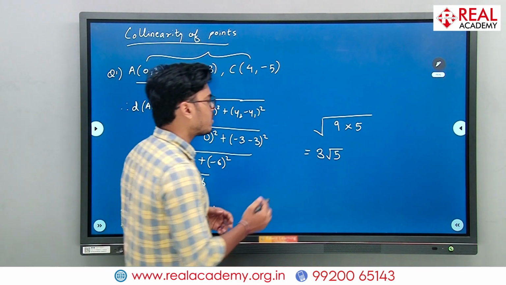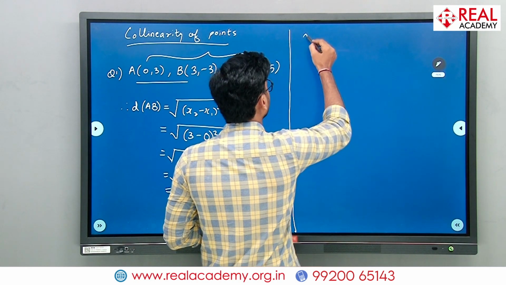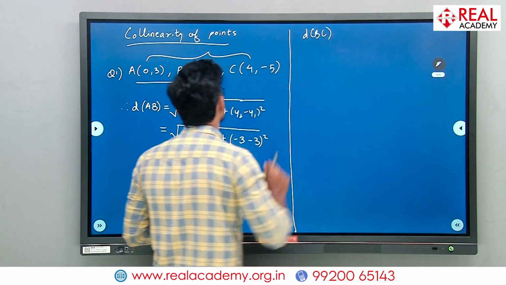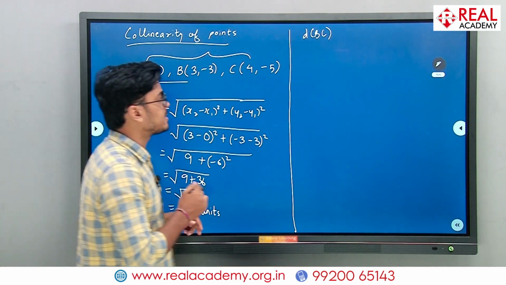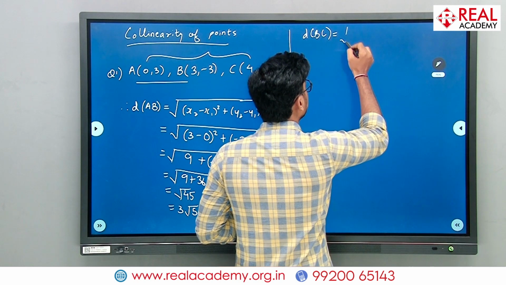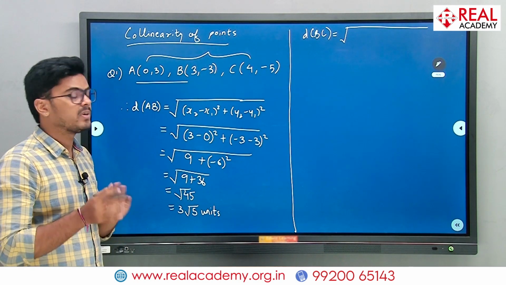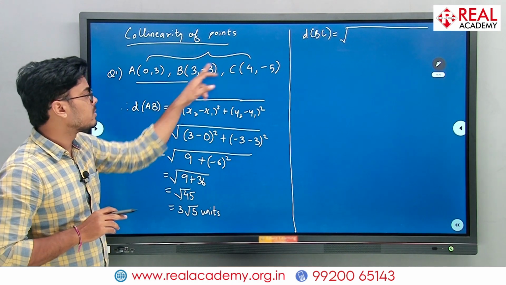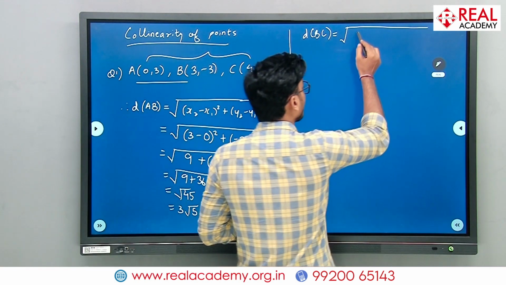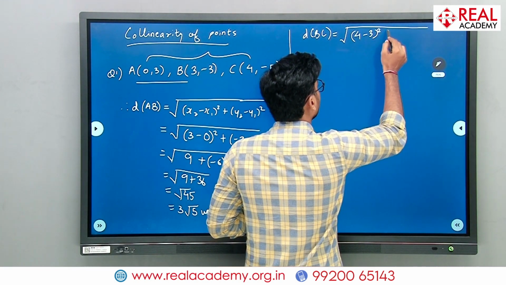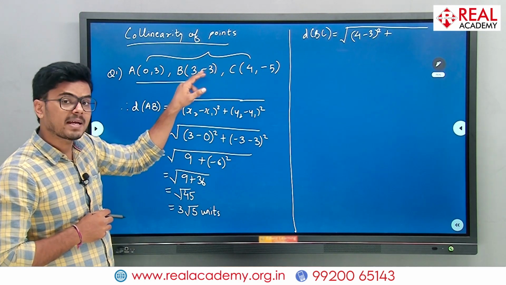Okay, let us go to the next distance now, which is distance BC. We have seen distance AB. Now we will see distance BC. It will be square root of, there's no need to write the formula again and again, we will directly solve it. This is x2, this is x1 suppose. So (4 minus 3) the whole square plus y2 minus y1, so minus 5 minus minus 3.